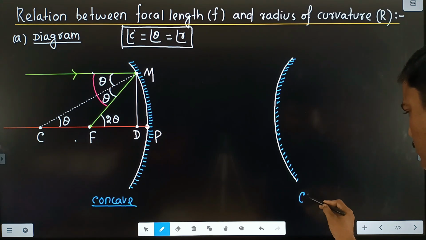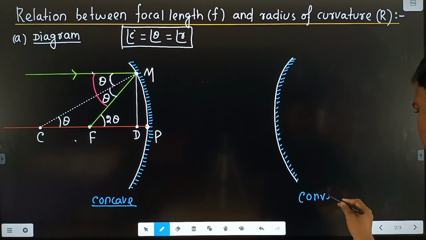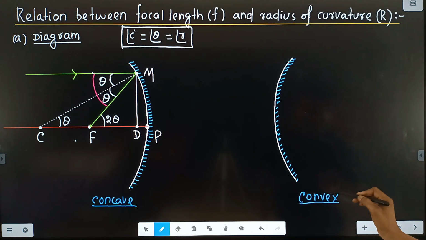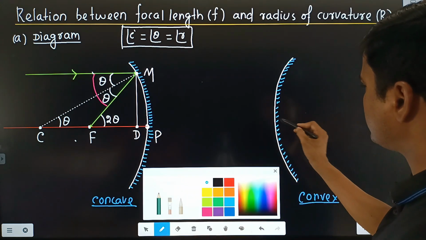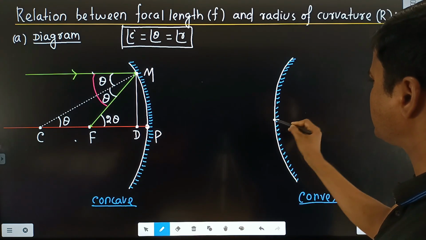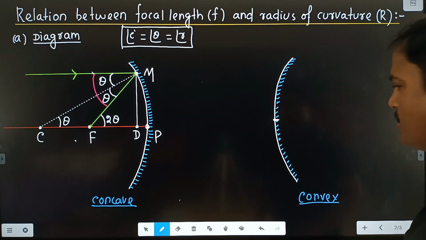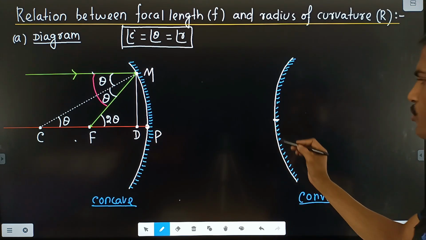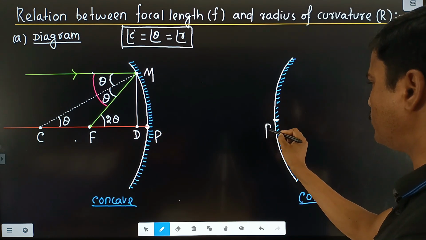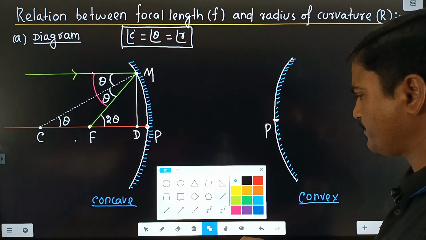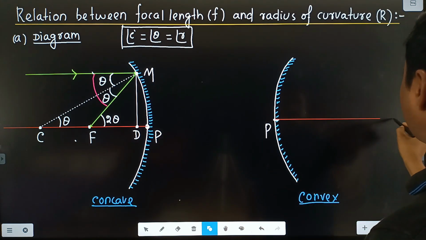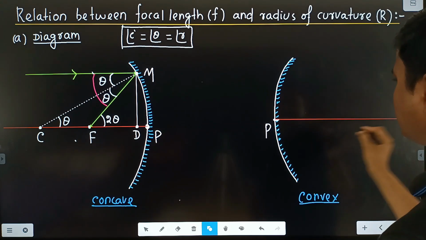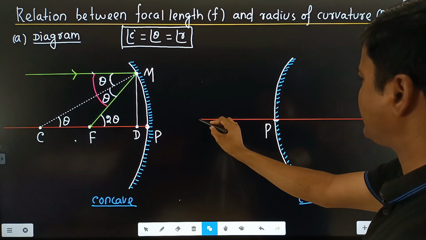So this type of spherical mirror is known as the convex spherical mirror. Clear? Here also this is the center of the reflecting surface, so this point is known as the pole. And the principal axis is passing through the pole. This one is the principal axis.